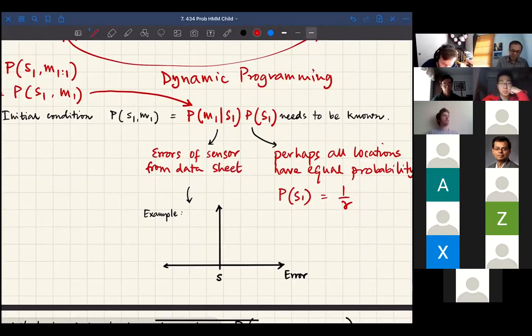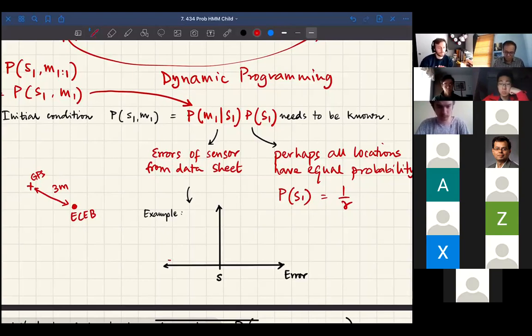For example, like I told you, if I tell you that you are at the ECEB building, and your GPS says this is your location with some distance, 3 meters, what is the probability that the GPS is right? Or with what probability will the GPS give you 3 meters of error?